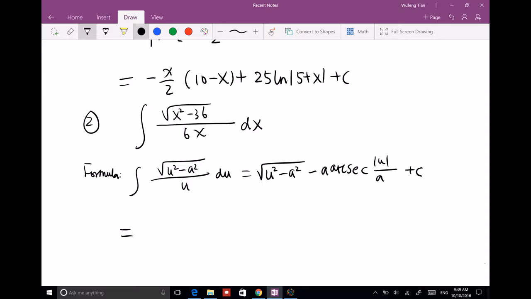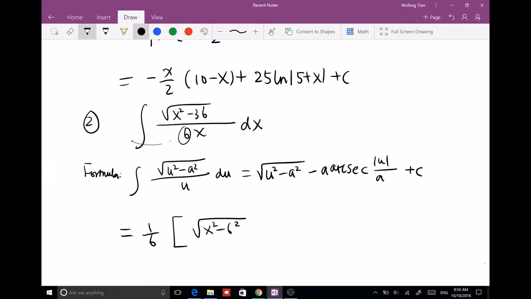Alright, so I should start from just after the equal sign? Yes. You just need to plug in. The 6 you can take out, it's 1 over 6. This 6 is actually the coefficient, 1 over 6. You don't have to worry about that. You just match these two. Alright, so it'd be the square root of x squared minus 6 squared, right?